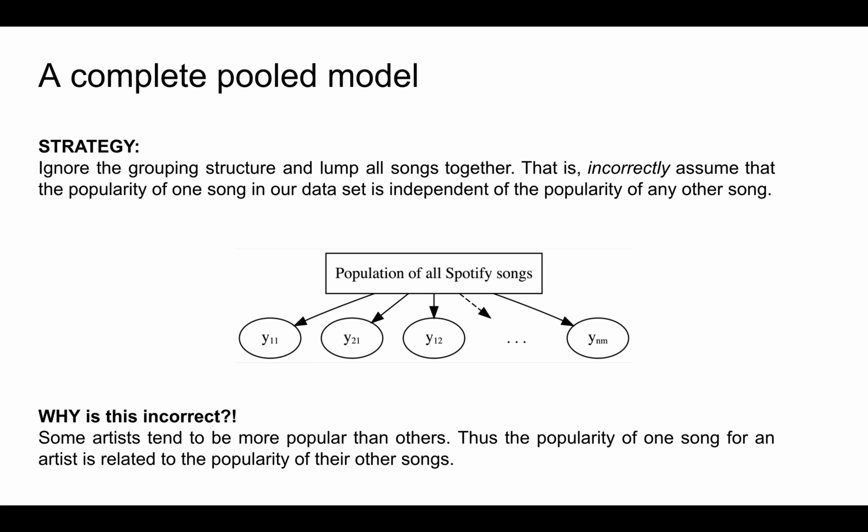To be clear about why this assumption is incorrect, note that some artists tend to be more popular than others. Thus, the popularity of one song for an artist is related to, not independent of, the popularity of their other songs.